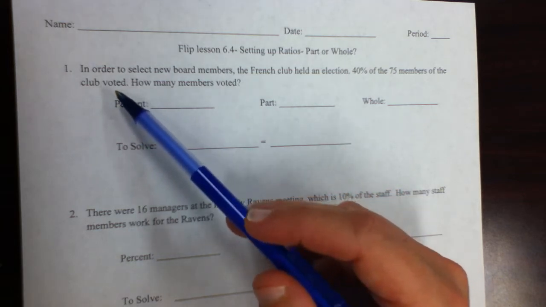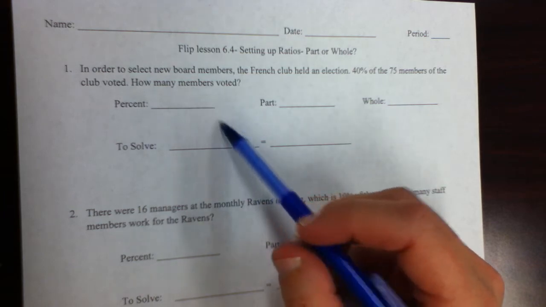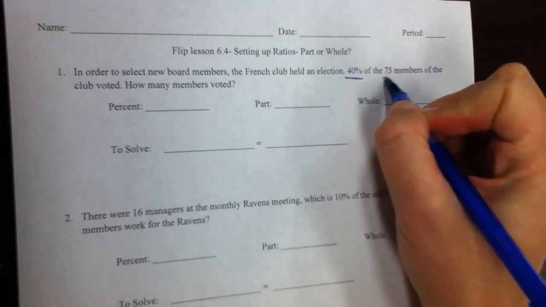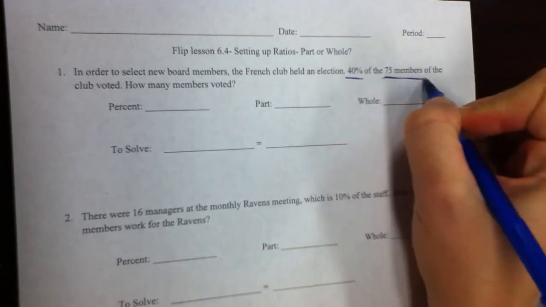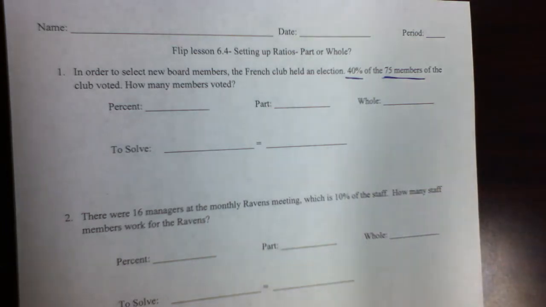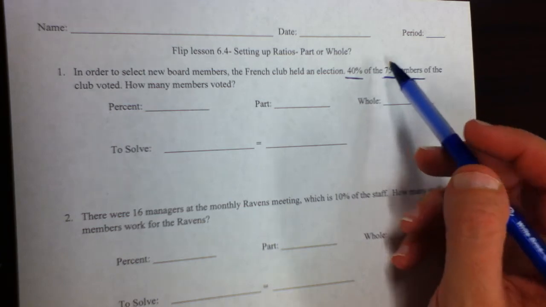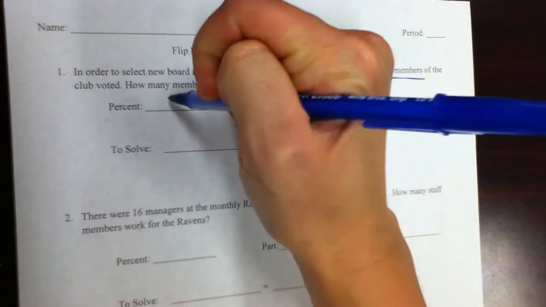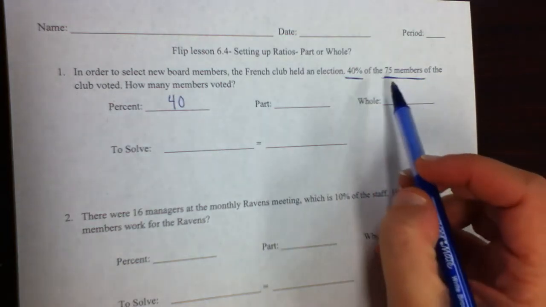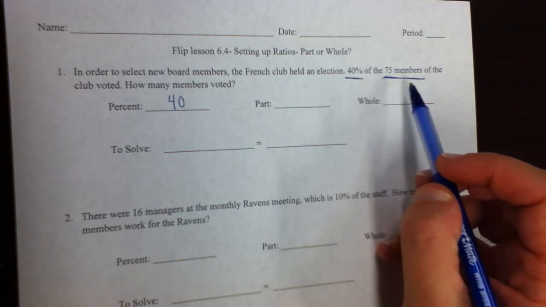So here we have, it says, in order to select new board members, the French club held an election. 40% of the 75 members of the club voted. How many members voted? So again, like Miss Boston said, the percent's going to be given to you. So that's the easiest thing to pick out of the problem. We're going to go ahead and write that down here. The percent is 40. It's our job to decide whether or not that 75 members is the part or the whole.